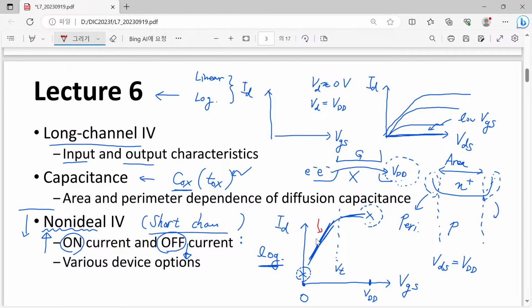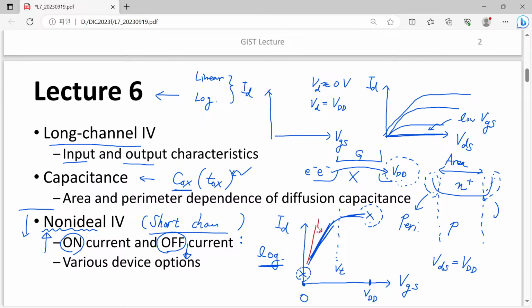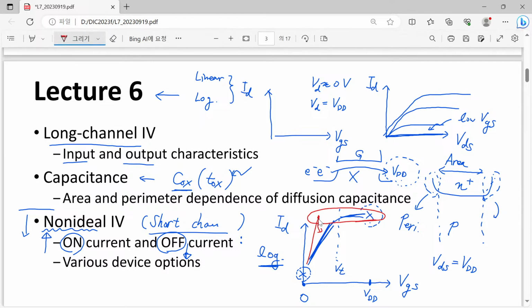If we have a steeper and steeper slope for this part, then when the off current is given, we can increase it and reach the required on level quite easily.